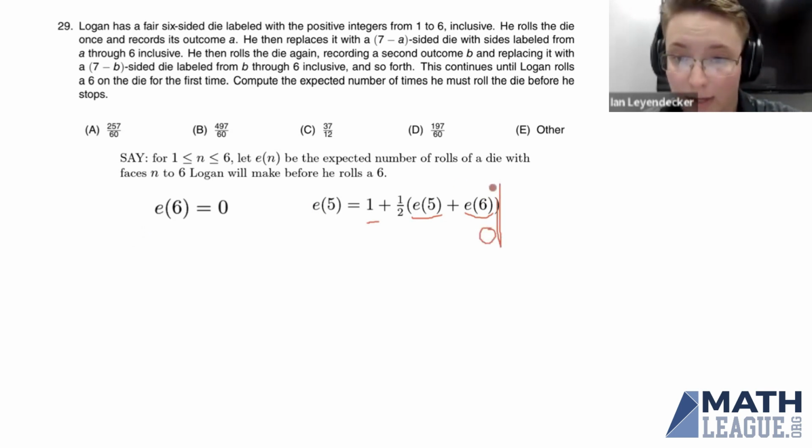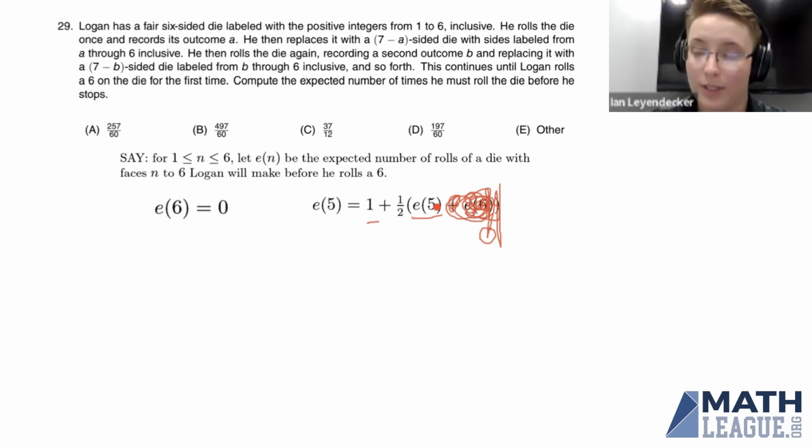But we know that this equals 0. So if we simplify, we can just scribble all of this out, leaving us with e of 5 equals 1 plus 1/2 times e of 5. And now that we don't have more than one unknown term, we can solve for e of 5.